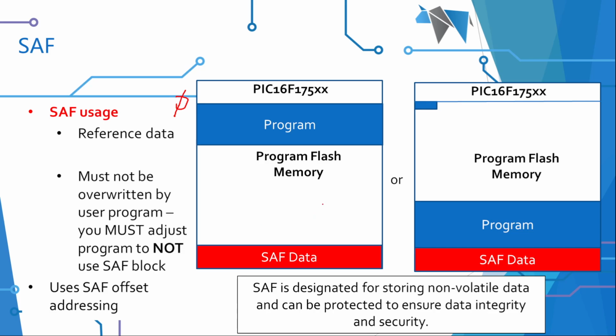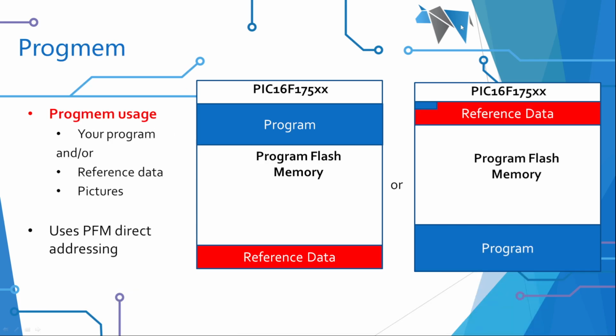But in other programming languages, you have to tell your programmer and your compiler that the SAF area must not be overwritten because it's non-volatile. You want to protect it in terms of data integrity and security. You don't want to overwrite it by mistake.